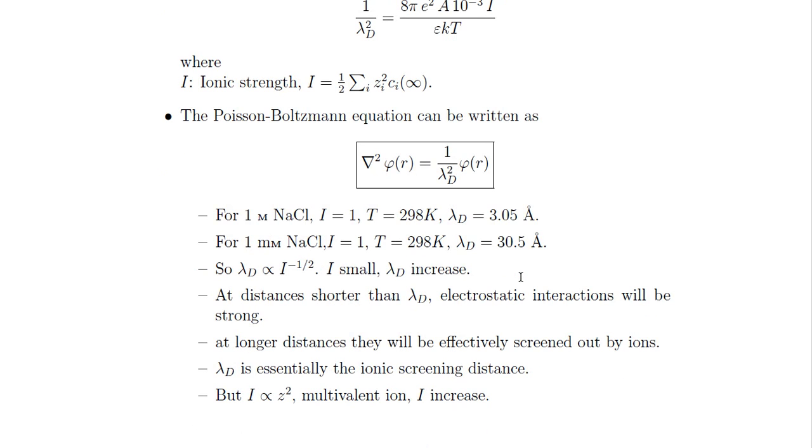What we can also say is that at distances shorter than lambda D, electrostatic interaction will be strong. Na plus and Na plus coming together have a repulsive interaction, so electrostatic interaction will be strong. At longer distances, they will be screened out by the ions.